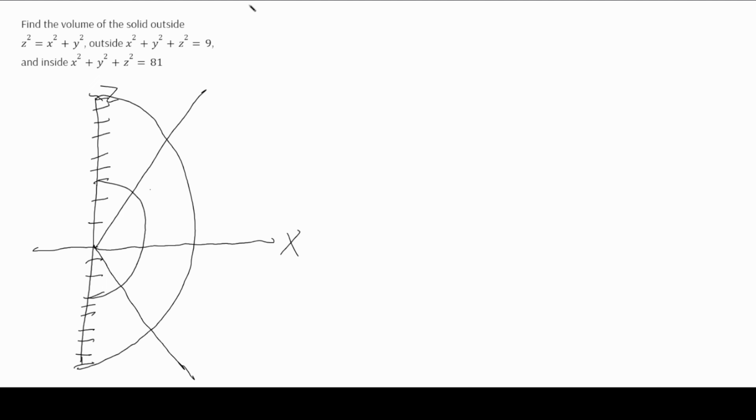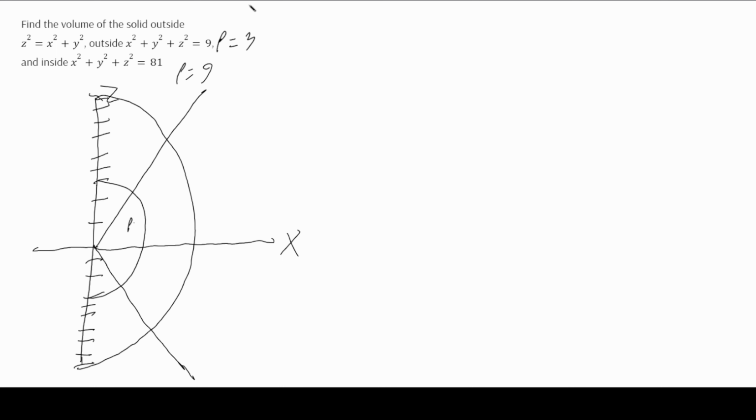We're saying the area outside z squared is equal to x squared plus y squared. So we're looking for the area outside the cone, outside the sphere with rho equaling 3, and inside the sphere with rho equaling 9.